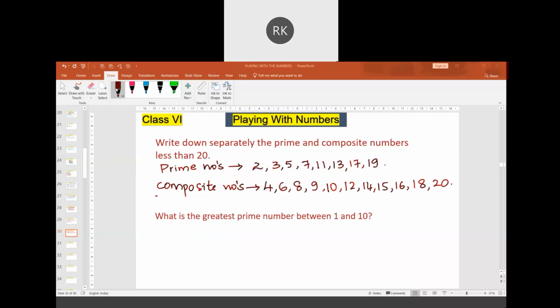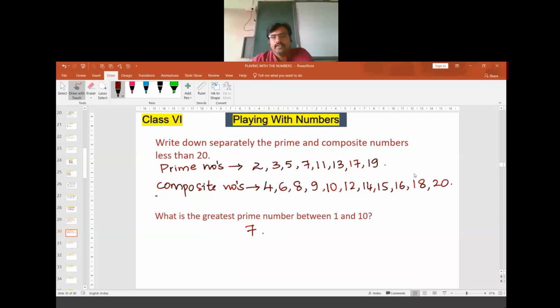So it is seven. Seven is the greatest prime number between 1 and 10. Which is the smallest prime number between 1 and 10? 2 is the smallest. Very good, very good.